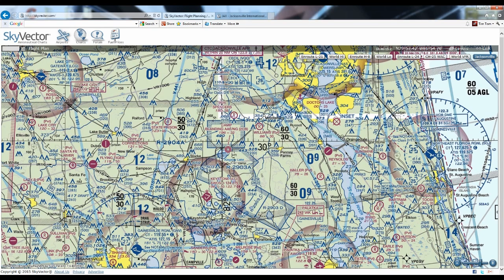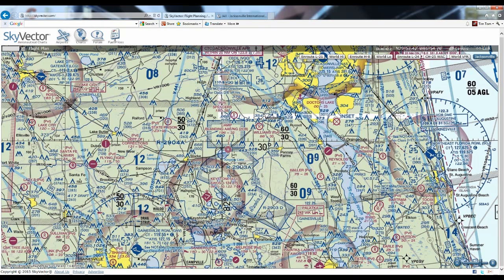But that other part where we could talk to the controlling agency, so the controlling agency most likely here is Jax Center. So if we talk to the controlling agency, again, most likely Jax Center, we could get permission to go through that airspace. For instance, it could be active during the weekdays, but maybe the Army doesn't have anything going on. The controlling agency would know that, so we would call them and say, hey, is there anything going on?